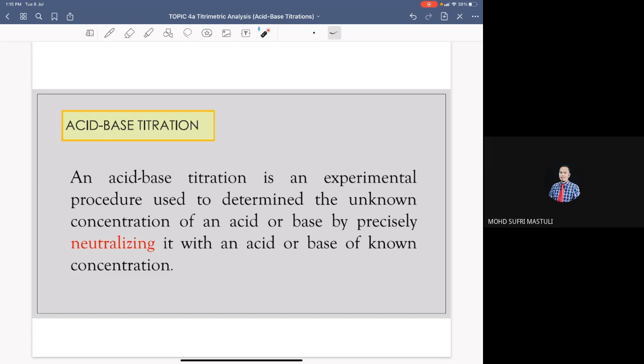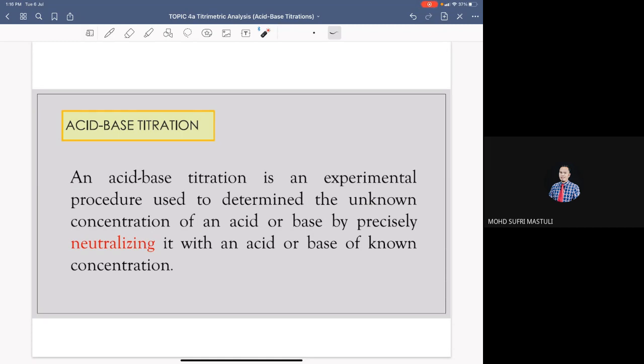In this video, we will discuss again the acid-base titration. Acid-base titration is the experimental procedure used to determine the unknown concentration of an acid or base by neutralizing it with an acid or base of known concentration.